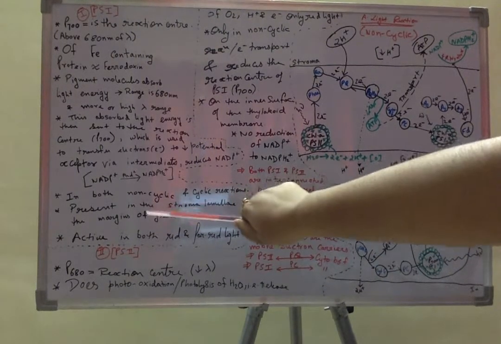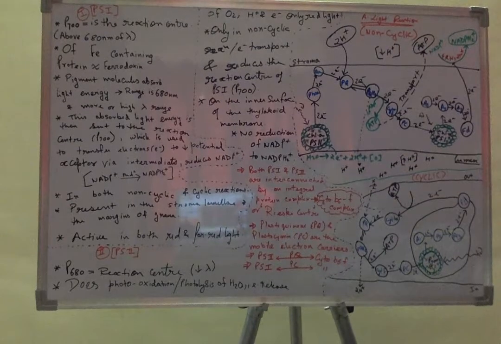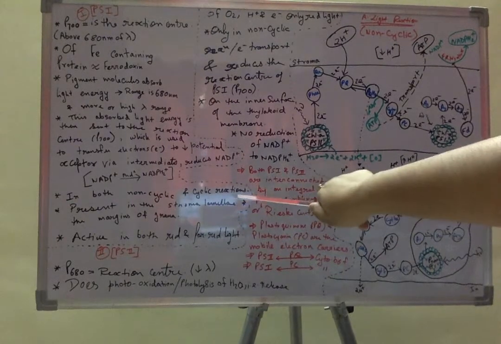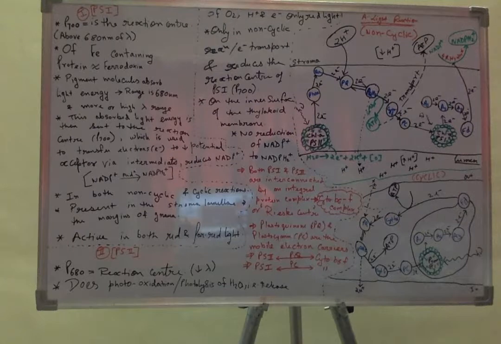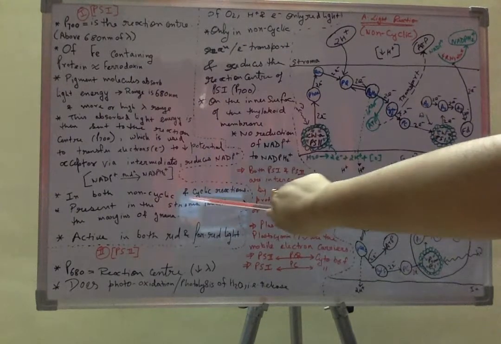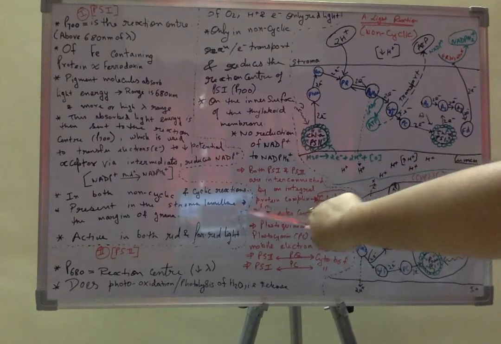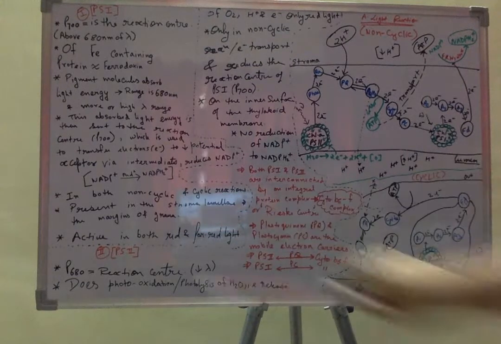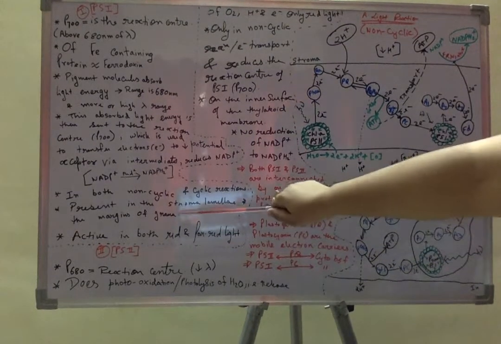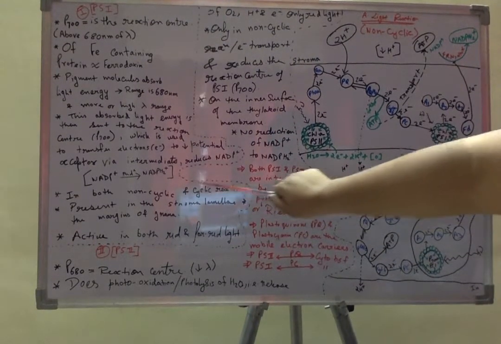The next point, PS1 is involved in both cyclic as well as non-cyclic photophosphorylation, or cyclic and non-cyclic reactions of light reaction, and PS1 is present in the stroma lamellae and the margins of grana. So these lines are very important.